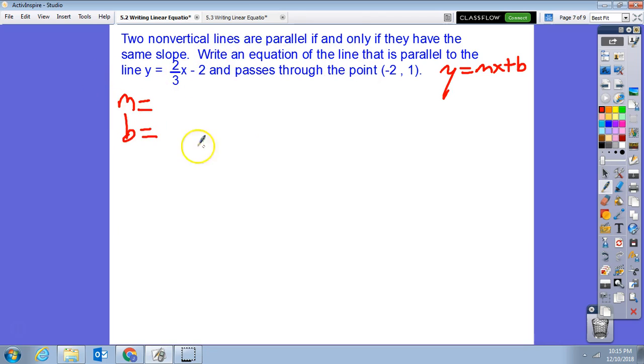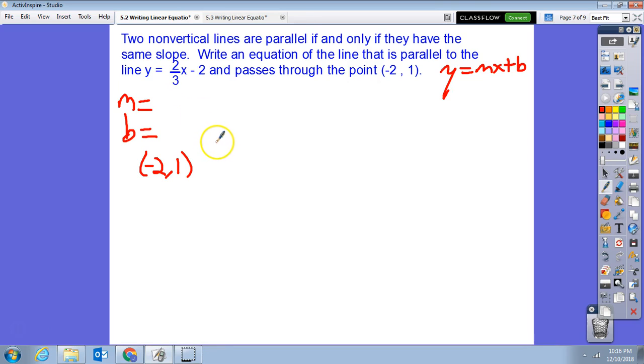Notice, though, this one says write an equation of a line that is parallel to this line and passes through the point negative 2, 1. Now, compared to what we just did, negative 2, 1 is a point on the line, but it's not the y-intercept, so I don't know the y-intercept. And it's parallel to this line, which means I don't have the slope.